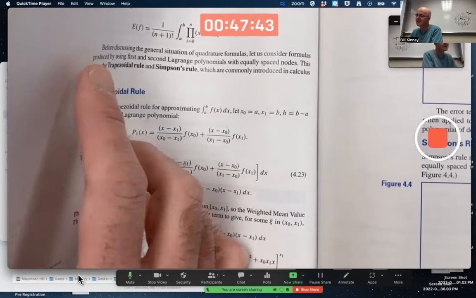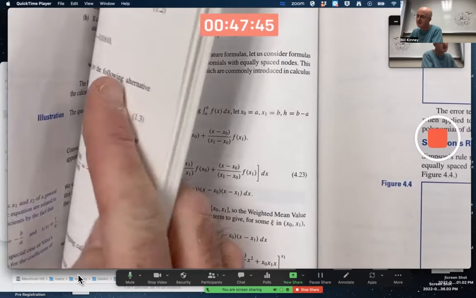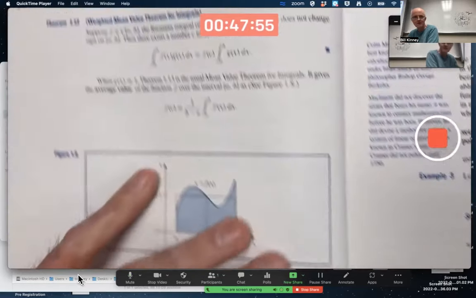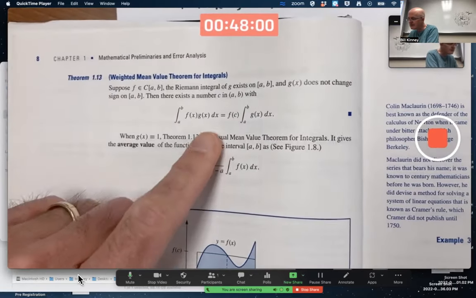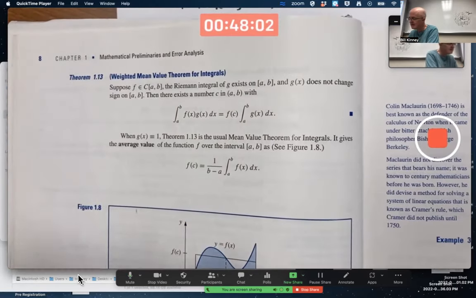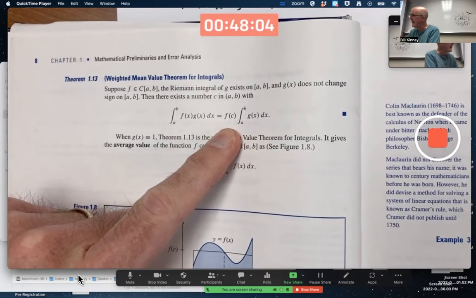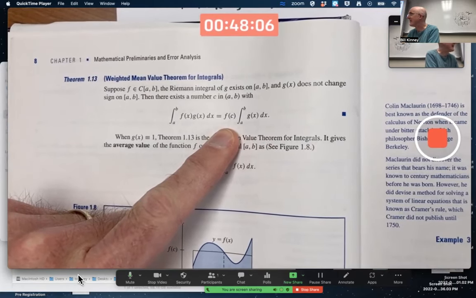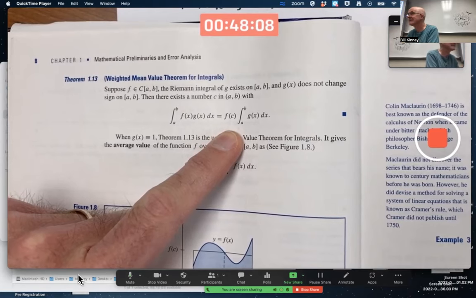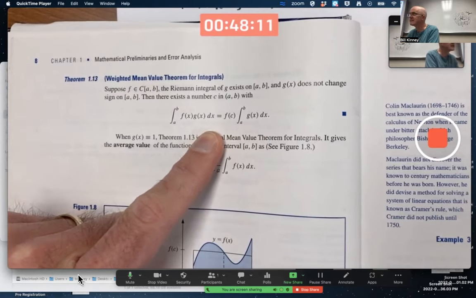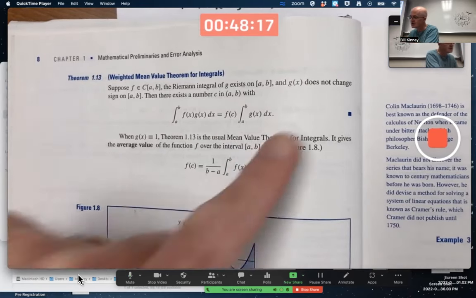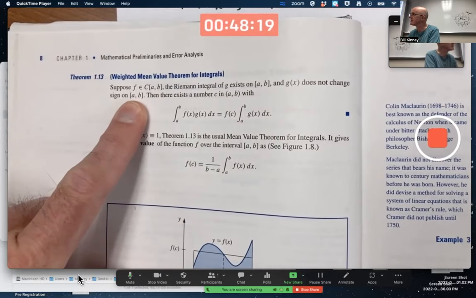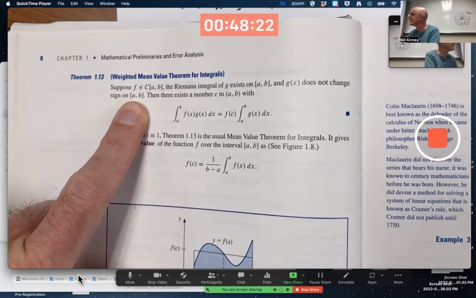And if you go back to the weighted mean value theorem in the very first section of the book, right here again, we're effectively using this equation, where the f now is going to be f double prime of c of x, and the g is going to be x minus x0 times x minus x1. G does not change sign on the interval as part of the hypothesis here.